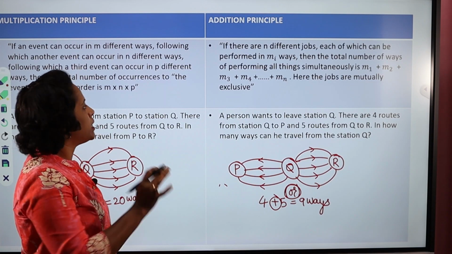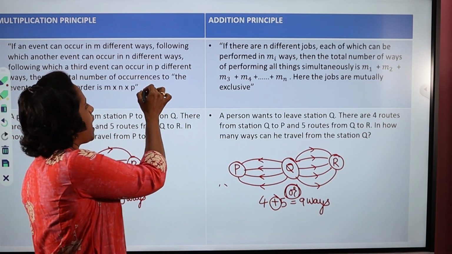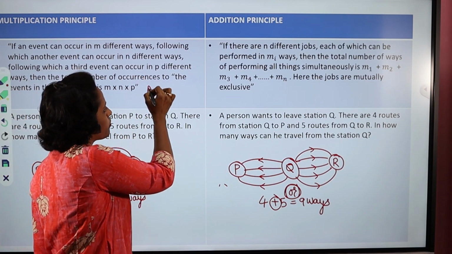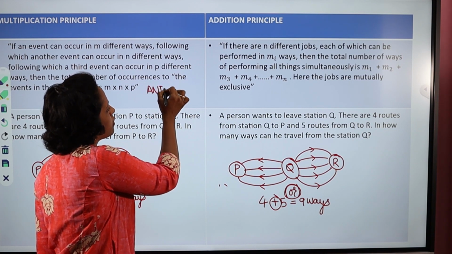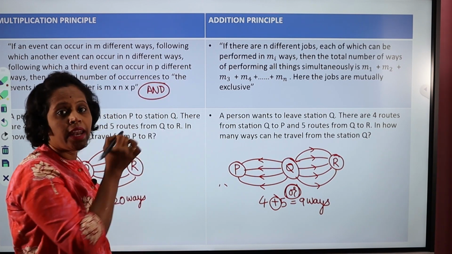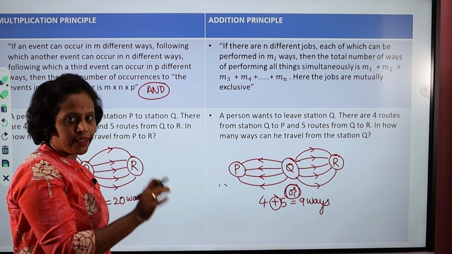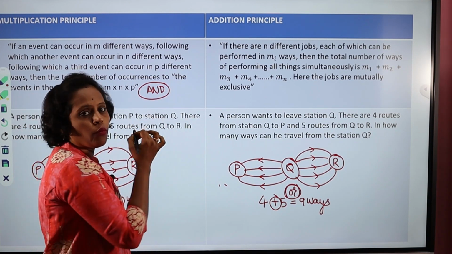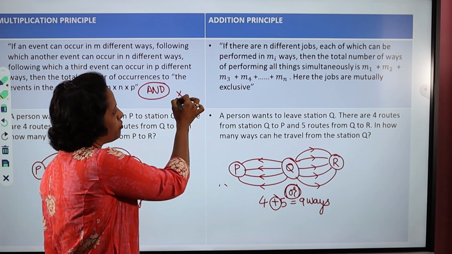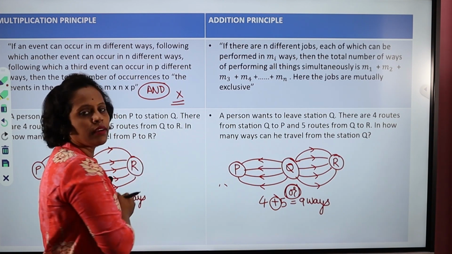Now, the basic difference here is whenever we have and, whenever we have an and condition in the question, we go with multiplication of the events.